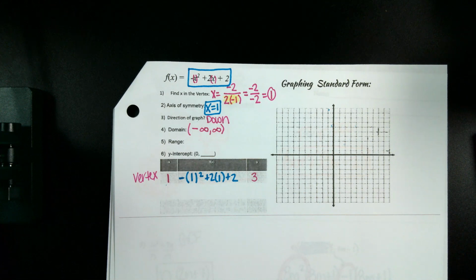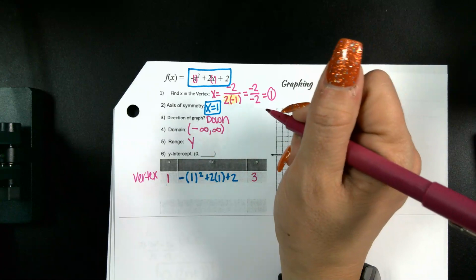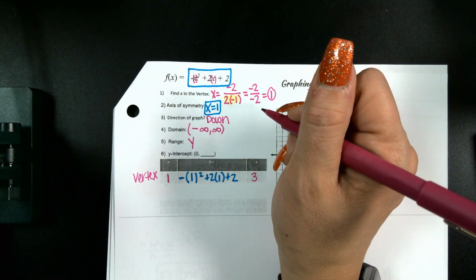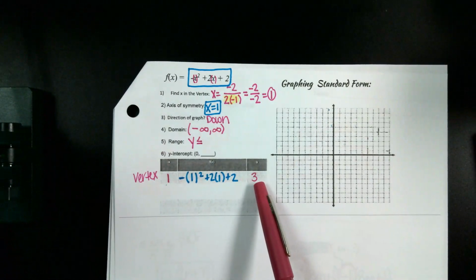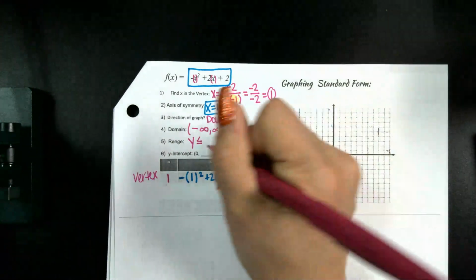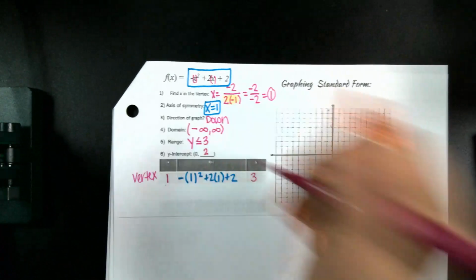The range this time would be y is what? Less than or equal. And then we already know the y value because we just found it. 3. Y is less than or equal to 3. And then your y-intercept is just that constant in the original function. What's the number at the very end? 2. So it's 0, 2.